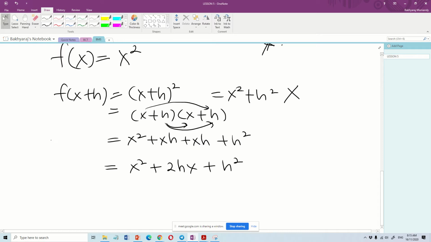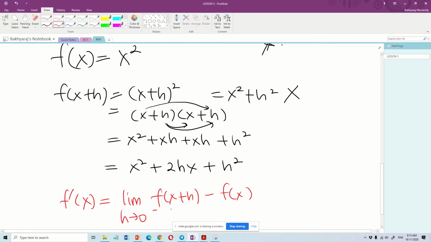Again, formula is f prime x equal limit h approaches 0 for the function f x plus h minus f x divided by h. So this is the formula. Okay, you need to substitute the formula.